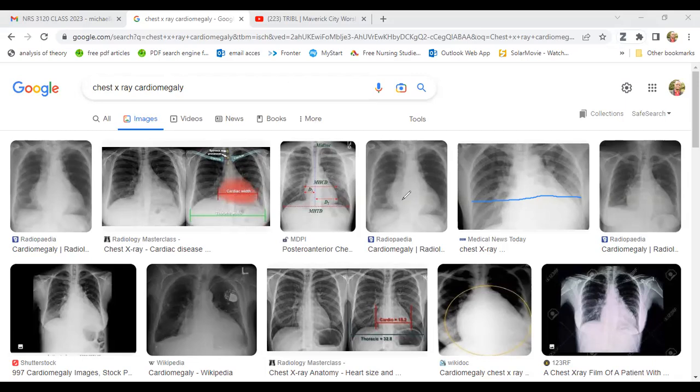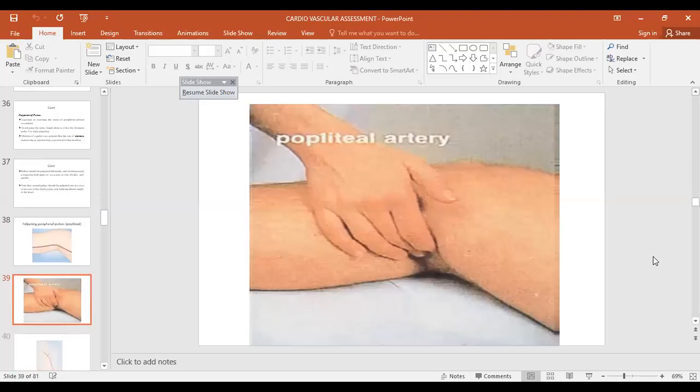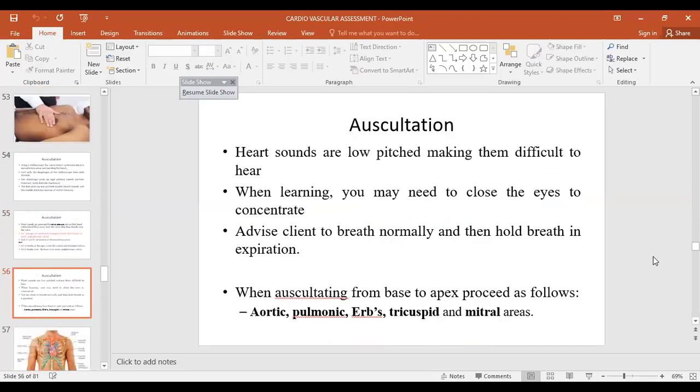Okay, so this is a chest X-ray and how we can use it to determine the size of the heart.